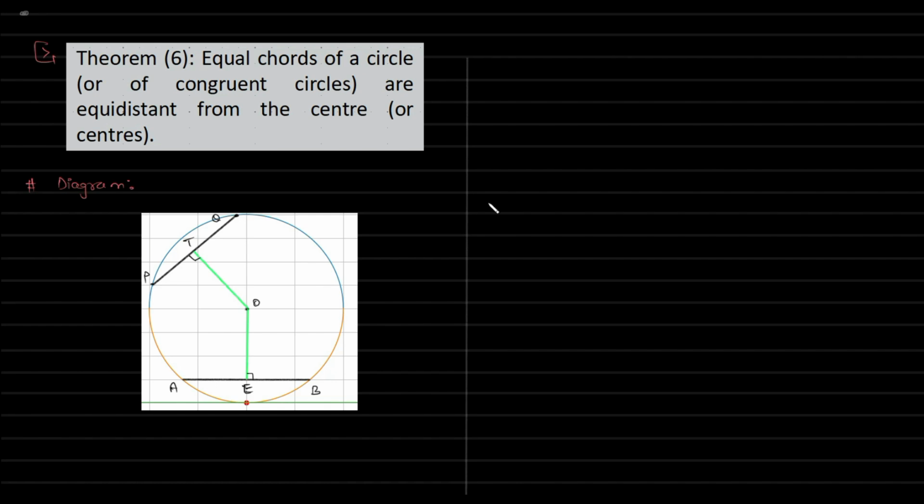Right? So what do we have? We have a circle with center O. Let's consider a circle with center O. Let AB, PQ be two equal chords.